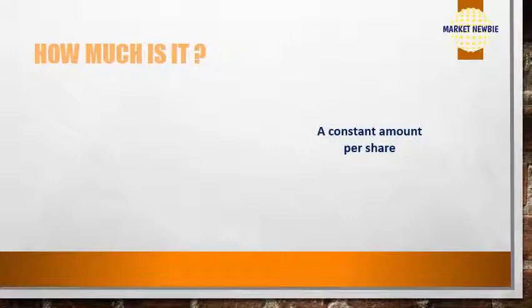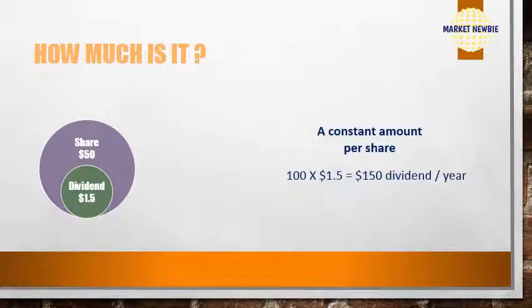How does dividend work? Basically, dividend payment is calculated based on a constant amount per share, not the percentage of the stock price. For instance, if a company currently has a stock price of $50 per share and they decide to pay the contributor $1.5 each share as dividend, and if you buy 100 shares, you will get 100 times 1.5 equals $150 as dividend from the company.